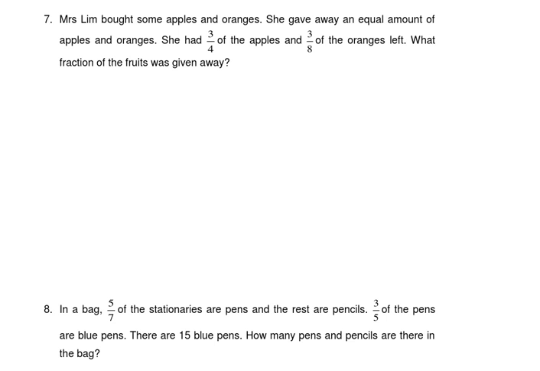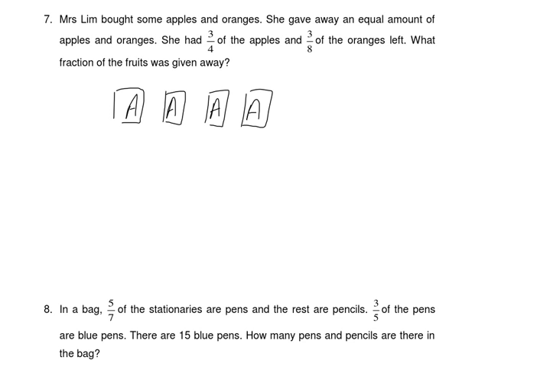Let's say for apples, I have 4 of them. Okay, right? 4 units. Now, she actually gave away an equal amount of apples and oranges, and she had 3/4 of the apples and 3/8 of the oranges left.